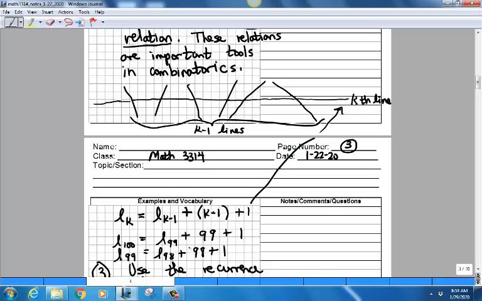Let's see if we can figure that out. Maybe we cannot, but maybe we can. So that's our next goal: a closed formula for L sub k, not a recurrence relation like this one.